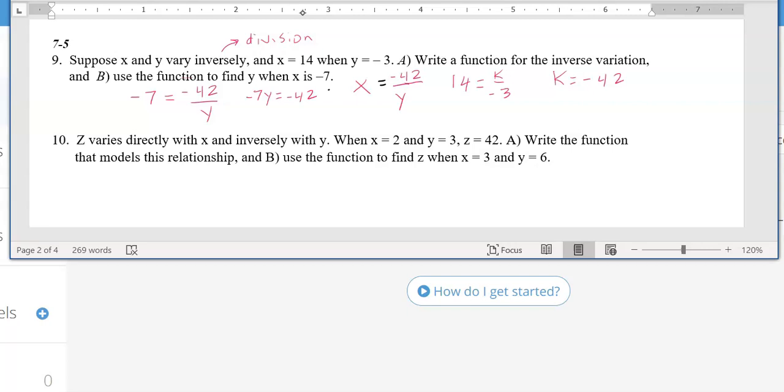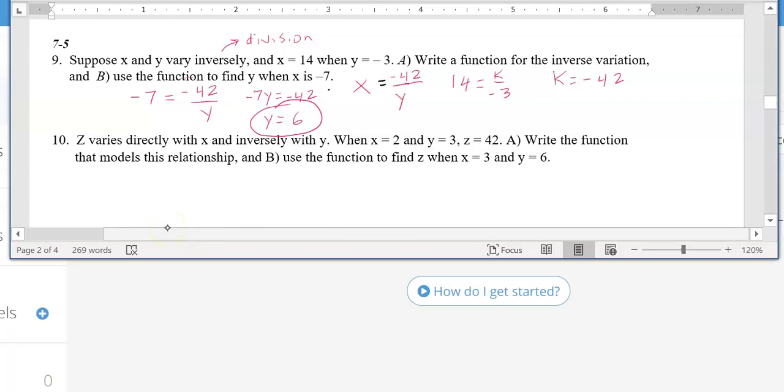And now divide by -7, and I get y is 6. Okay, so that's the way those work. You're going to have two parts. Give me the function after you find k, and then use the function to answer whatever part B is.